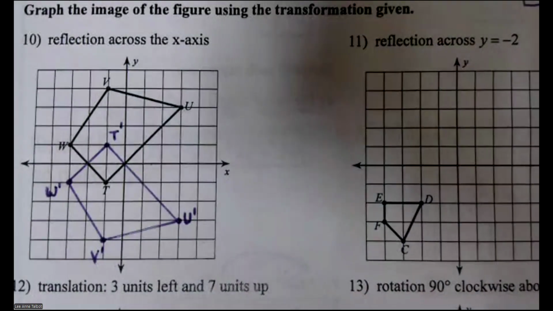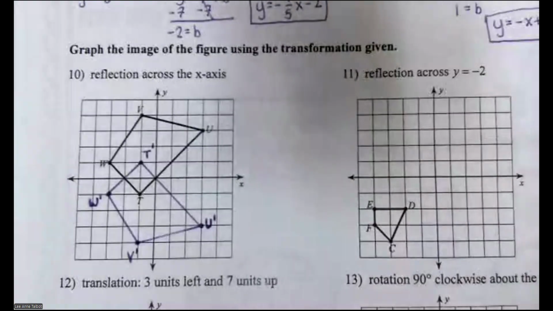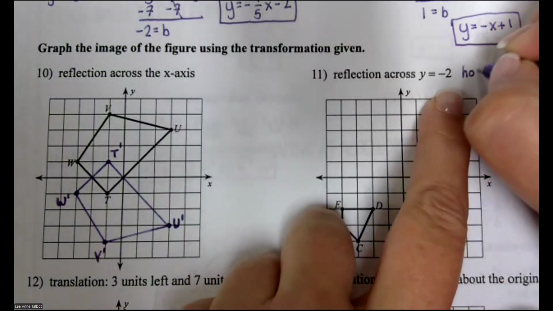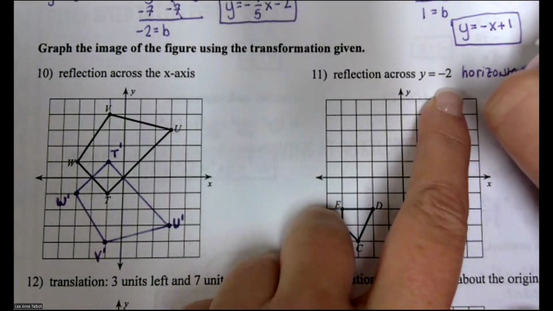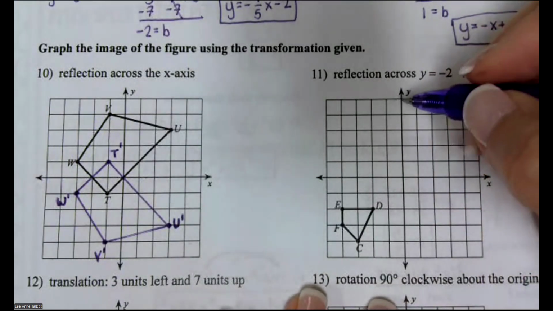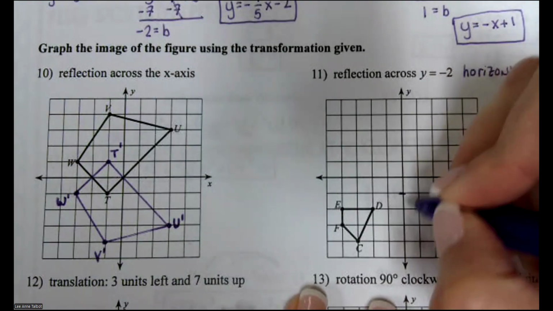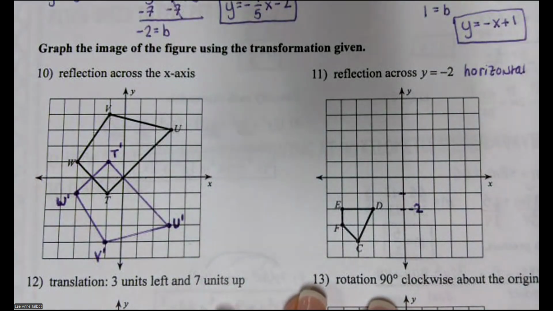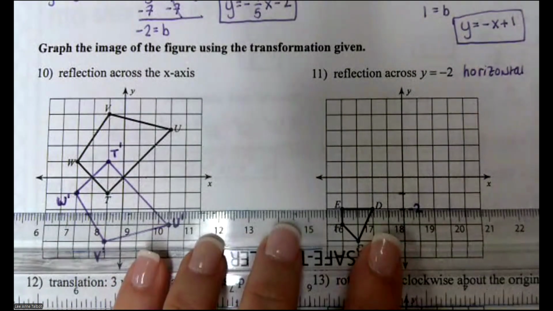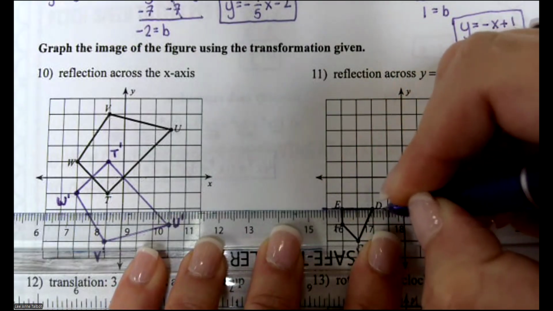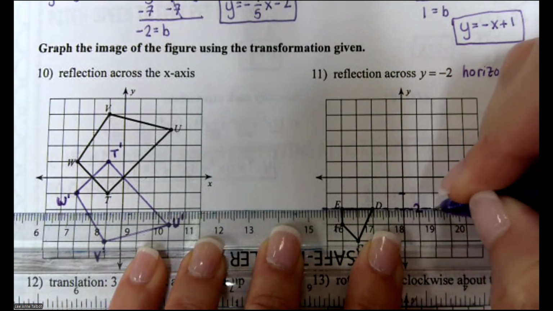Okay, reflection across y equals -2. This one's hard. Y equals -2 is a horizontal line at -2. So go to the y-axis and go down to -2. And you're going to have to draw in your own line of symmetry here before you do the tracing paper.